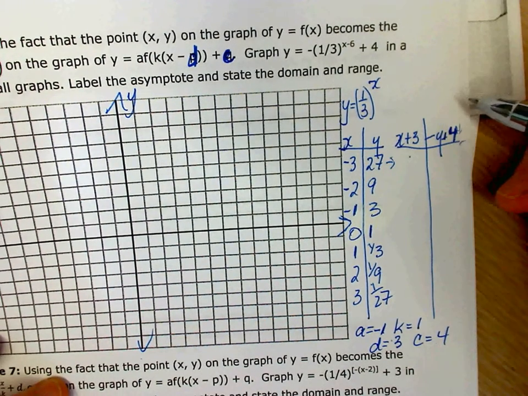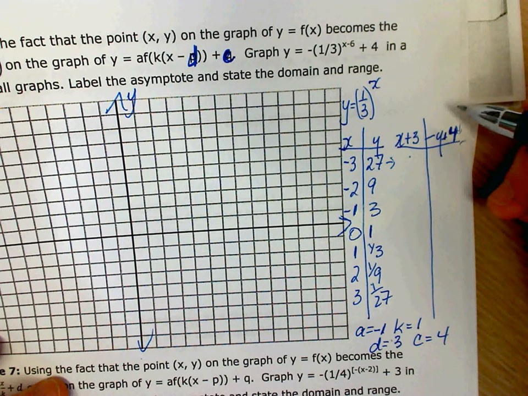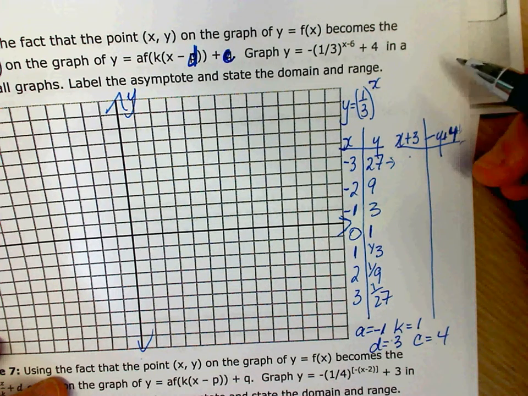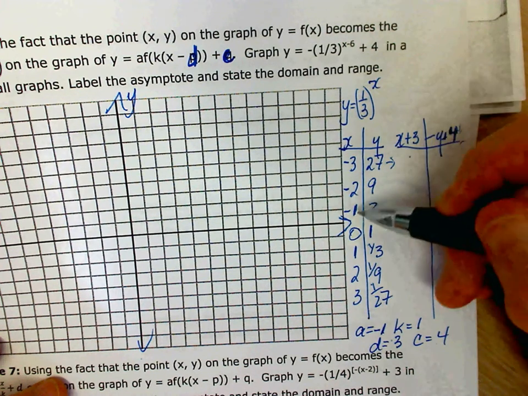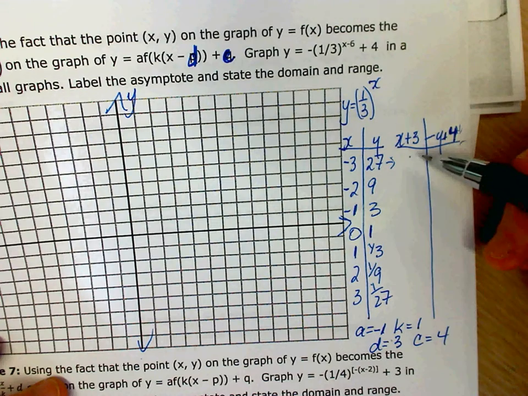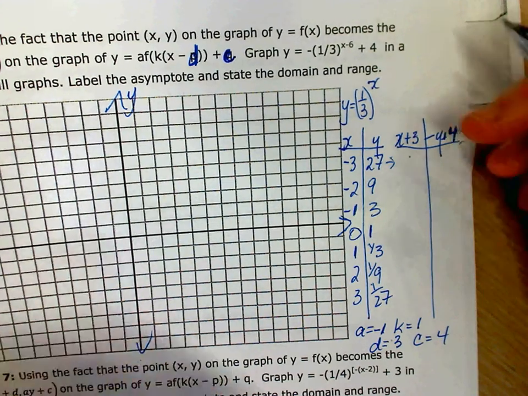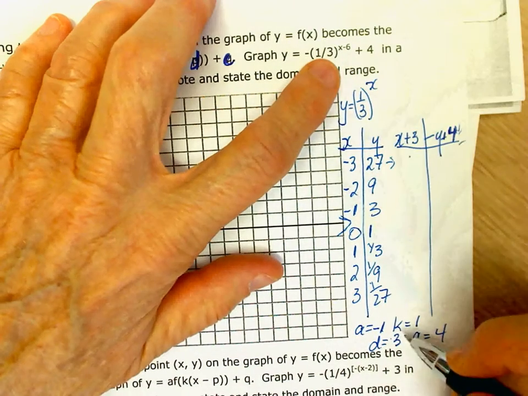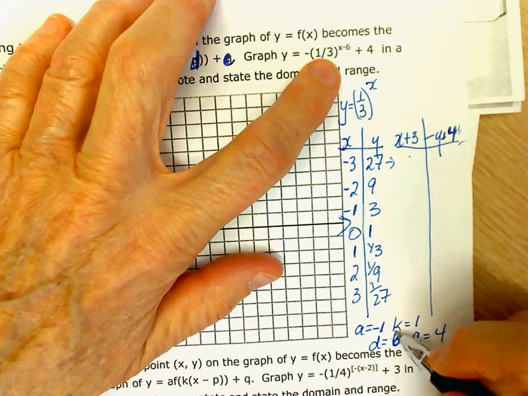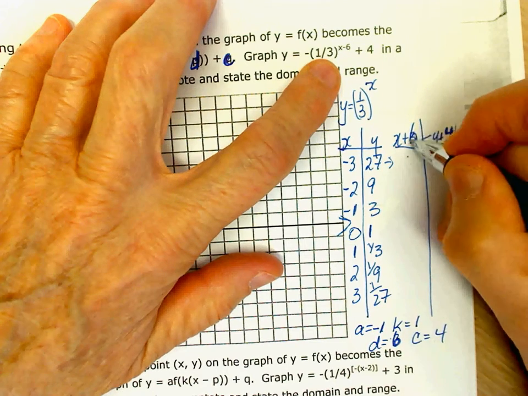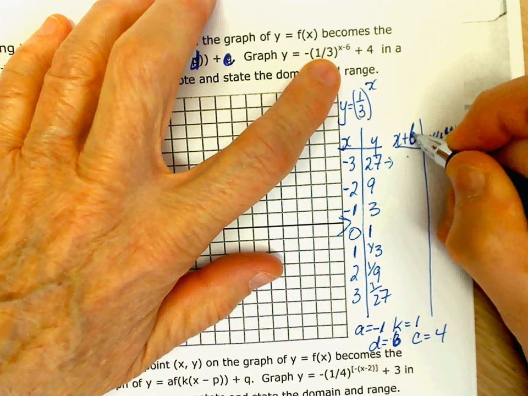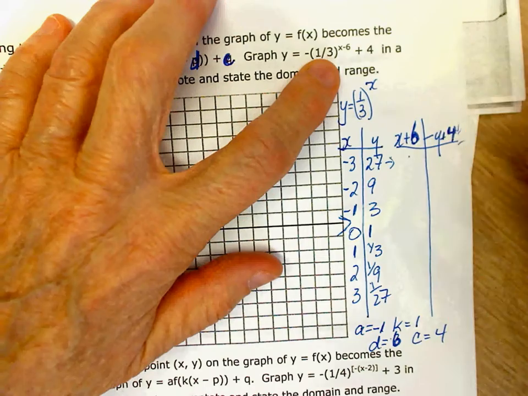Uh-oh. Something's funny. Did I make a mistake? Oh, it should be plus 6, right? This should be plus 6. That would have been a big boo-boo.